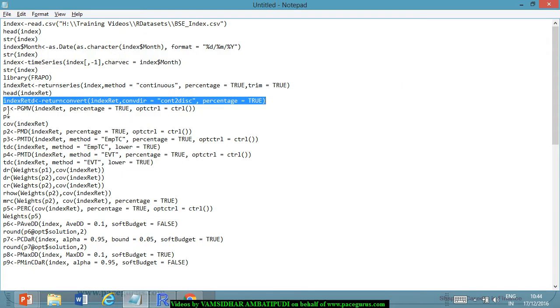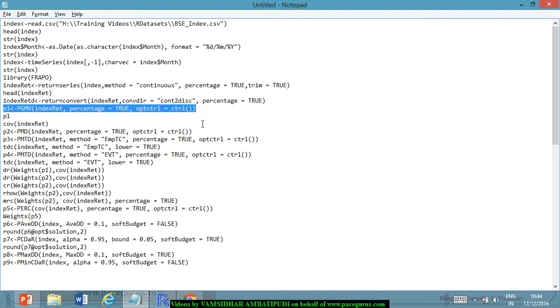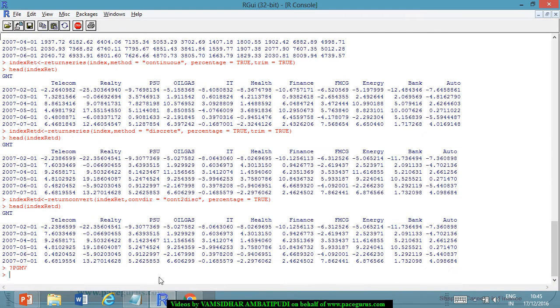So let me get this code. I'll explain this. I could see I'm getting a portfolio which is a global minimum variance GMV based on the index returns, which are the continuous returns where the percentages are true. So I'm getting my output in the form of percentages.